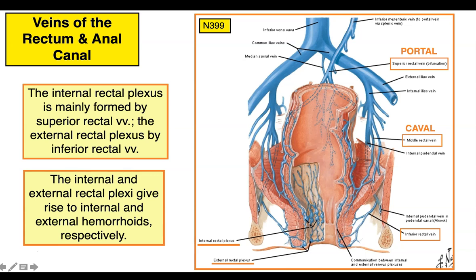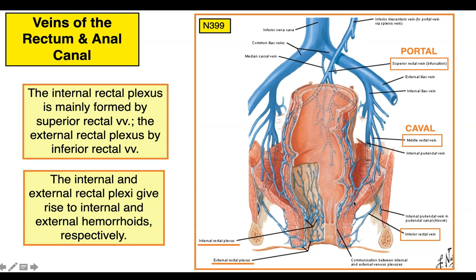The internal rectal venous plexus is mainly formed by the superior rectal vein, which drains into the portal venous system. And the external rectal venous plexus is mainly formed by the inferior rectal veins, which are part of the vena caval system.